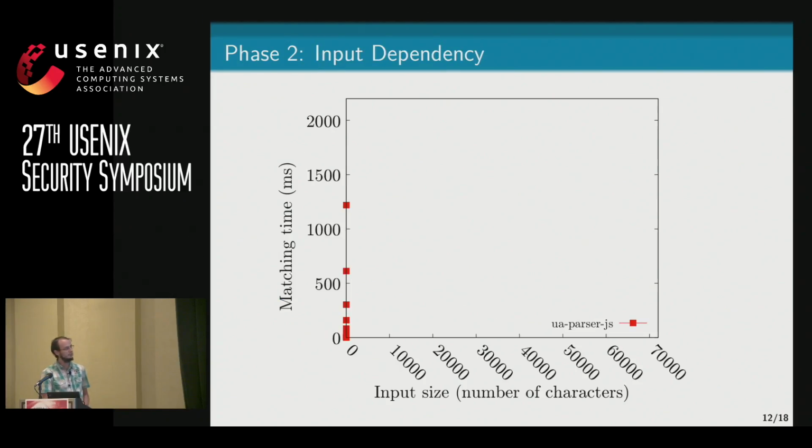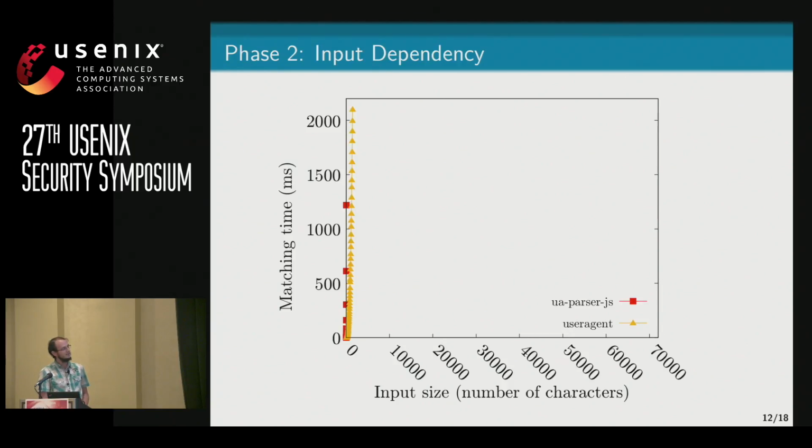So the relation between the input size here, the number of characters of the payload, and the matching time. So for example, the vulnerability we discussed earlier, the UA parser.js, you see it's basically exponential. So we need 40 characters to trigger a 2 seconds payload, 2 seconds matching time, sorry.